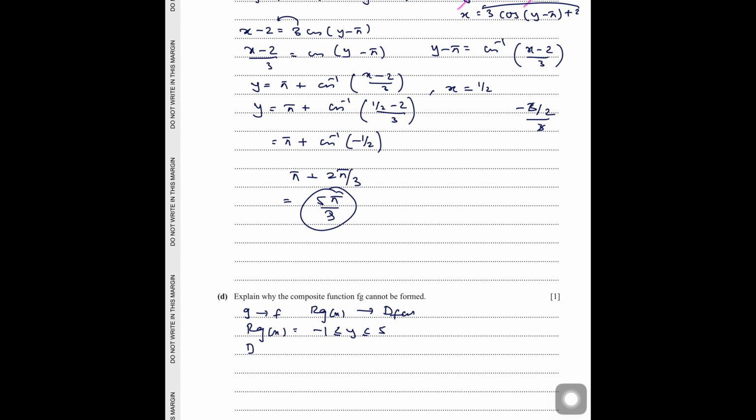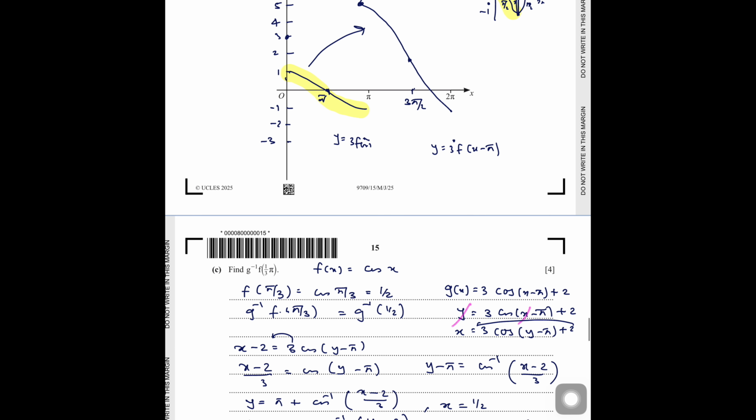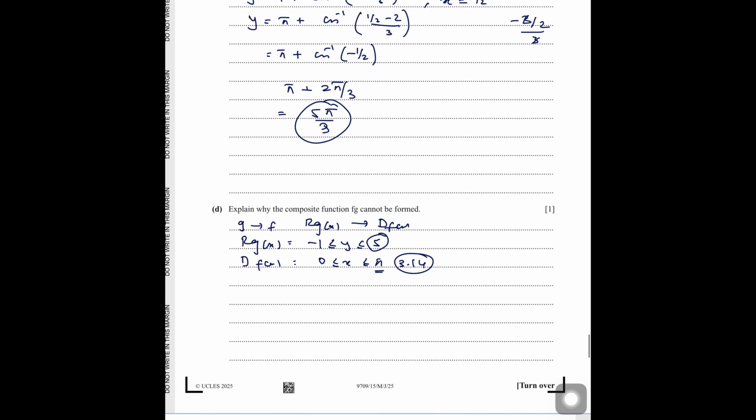And domain of f(x) is 0 to pi, 0 less than or equal to x less than or equal to pi. Now pi is 3.14 something. So from 3.14 to 5, that is not part of the domain of f(x). So that's why it's not possible.